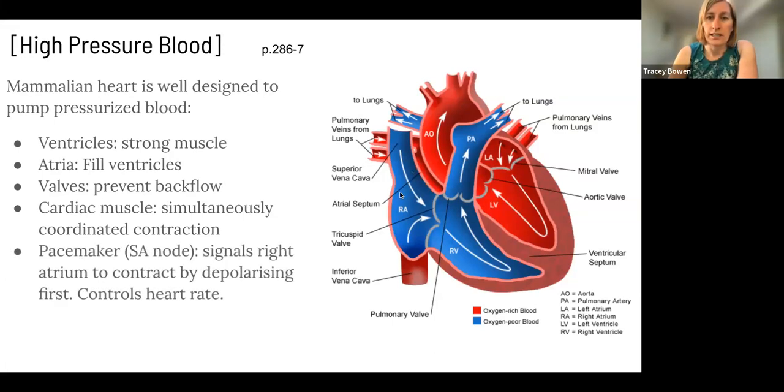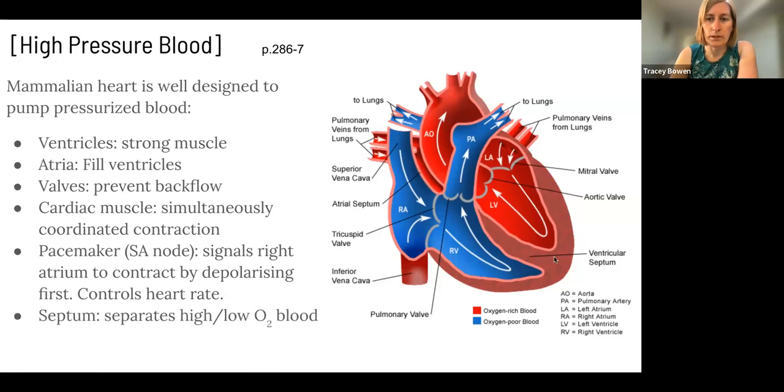The pacemaker, the SA node, which is in the right atrium, signals the right atrium to contract by depolarizing first, and that's going to control the heart rate. And so it depolarizes, meaning it sends an electrical signal, before the AV node, the atrioventricular node, which is further into the right atrium, will depolarize and signal to the ventricles to contract.